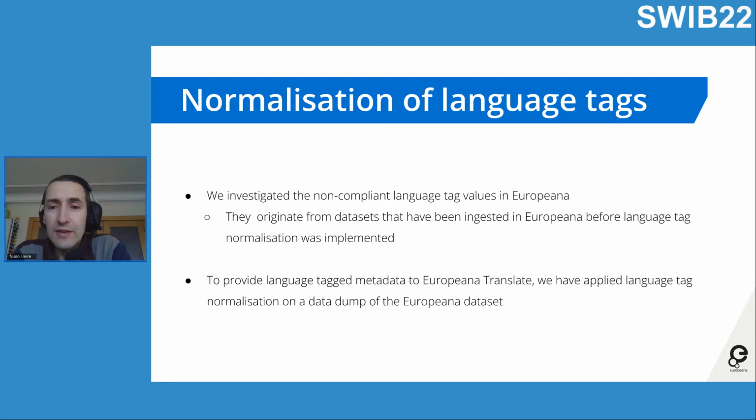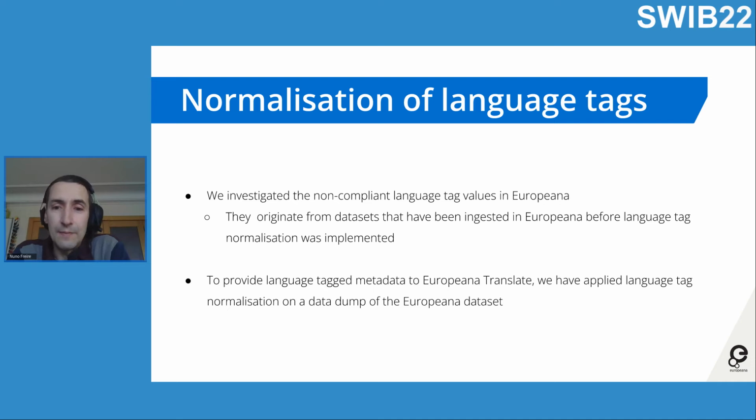So we investigated the non-compliant language tag values in Europeana, and we noticed that they originated from datasets that have been ingested in Europeana before the language tag normalization was implemented.